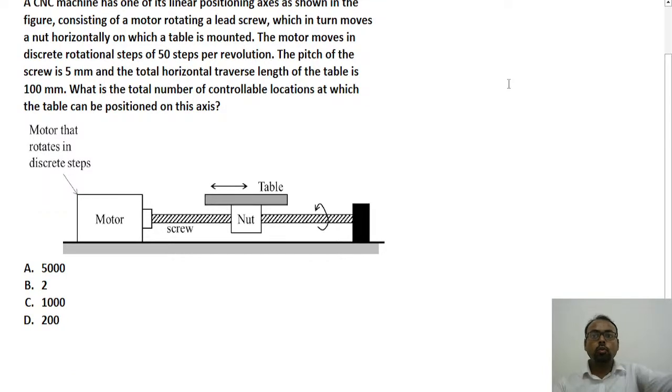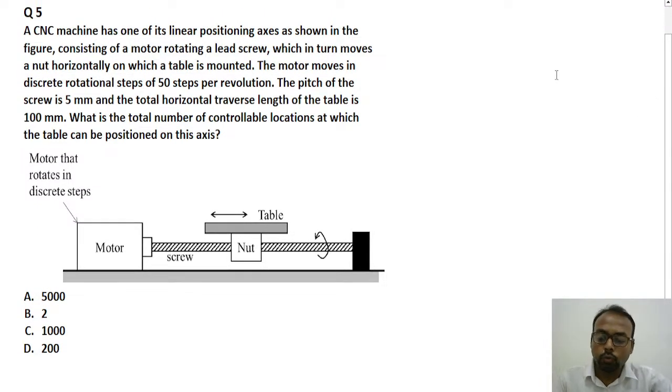So this question was based on CNC machining. In this question, we can see that a CNC machine has one of its linear positioning axes as shown in the figure, consisting of a motor rotating a lead screw, which in turn moves a nut horizontally on which a table is mounted.